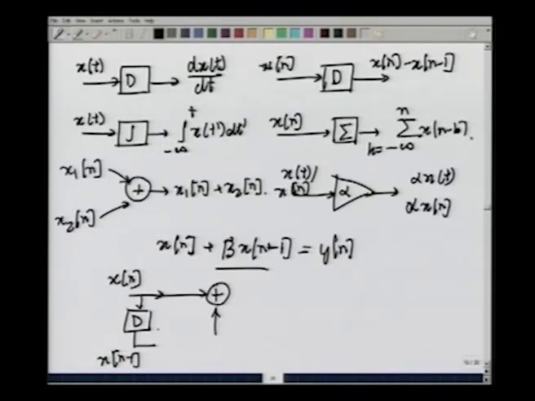So, what we do is to append another amplifier block with a gain of beta, and this now is beta x[n-1]. So, you have x[n] coming from this side, beta x[n-1] coming from this side, and you now add the two, and what you get here would actually be y[n]. Fine.